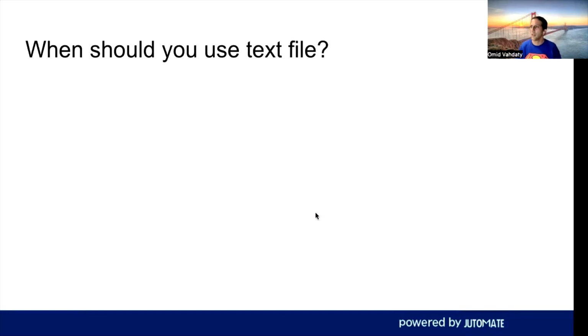When should you use a text file? There's only one scenario you should use a text file: when you're too lazy to move a JSON file into Parquet or Avro, or when compression is everything.